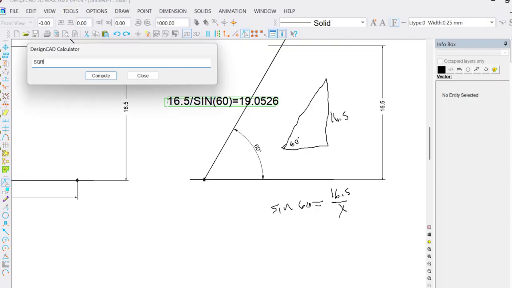I'm going to go square root of 19.0526 squared, this squared minus this squared, 16.5 caret 2, close. Control C, compute, Control V.